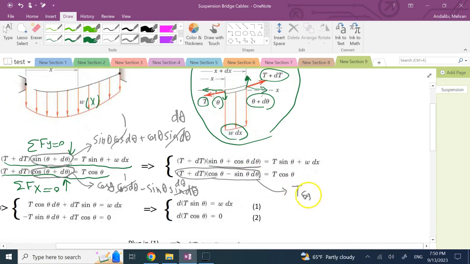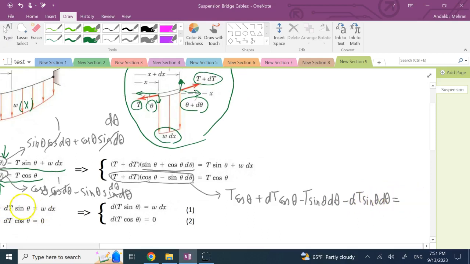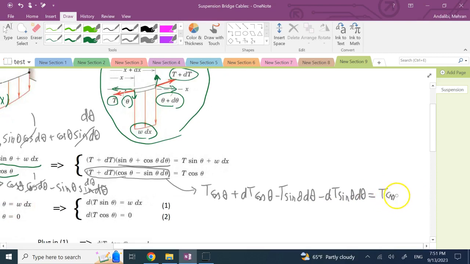It's going to be t cosine theta plus dt cosine theta, and then minus t sine theta d theta, and then minus dt sine theta d theta. This is equal to t cosine theta. Now these two cosines for both sides would cancel.